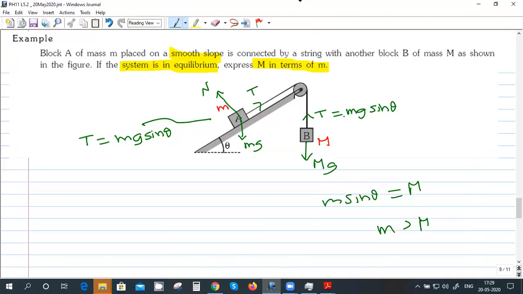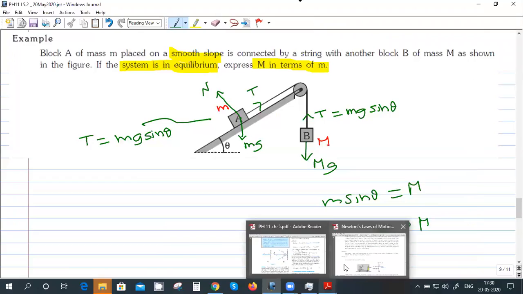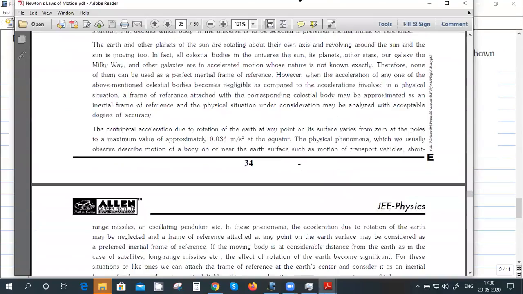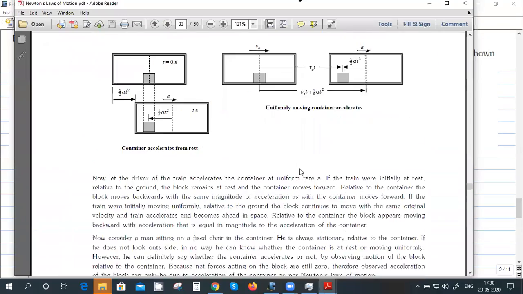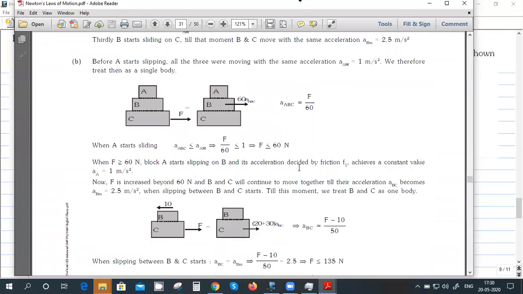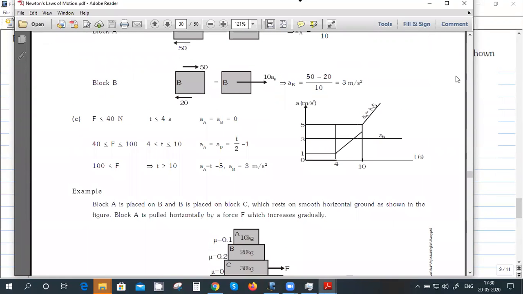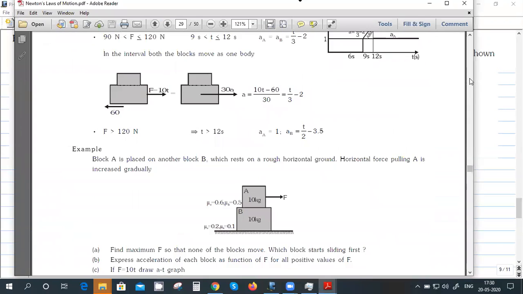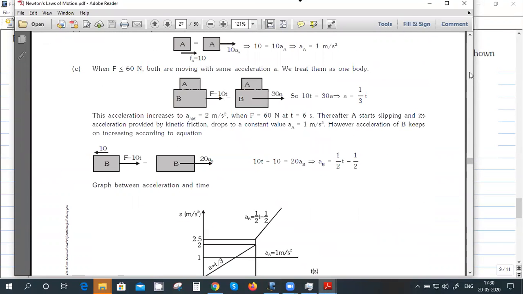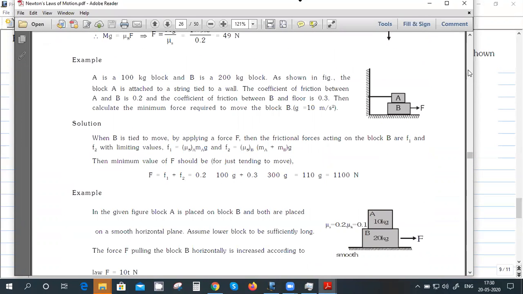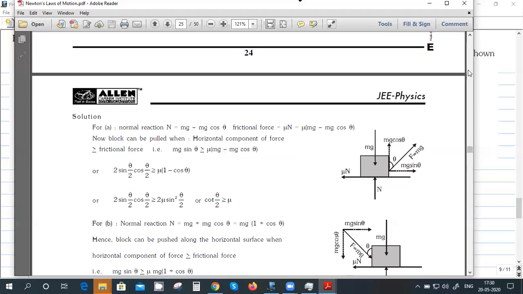It is the same tension here. So M equal to m into sin theta. So capital M is actually smaller mass. Let me check it. Sir, smaller mass.